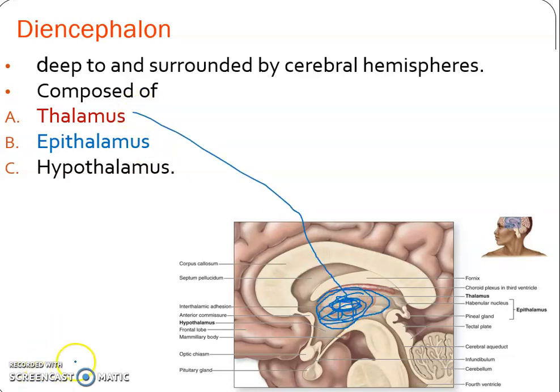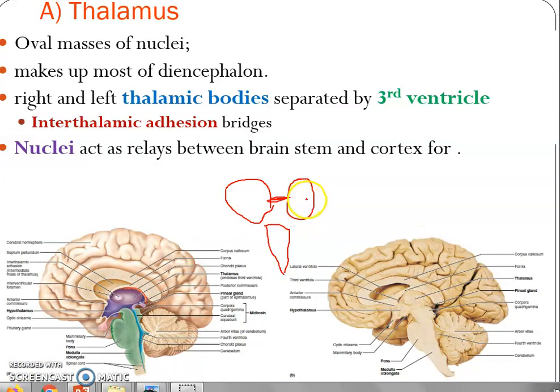The hypothalamus is this region below. So hypo means below, so hypothalamus is below the thalamus. The thalamus is made up of these two paired lobes, and they're actually connected. So it takes up most of the diencephalon, and it's separated by this gap right here.